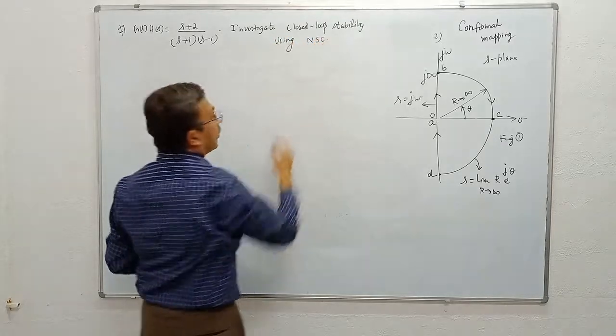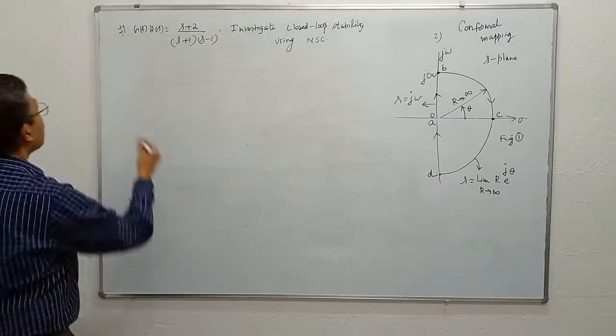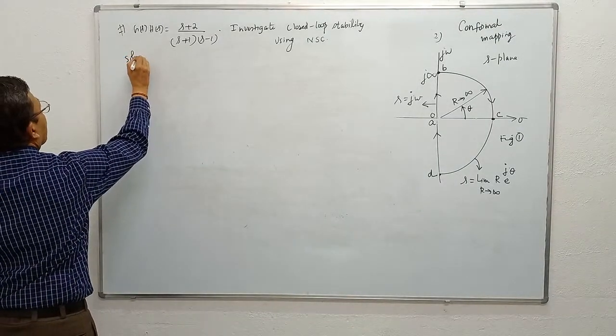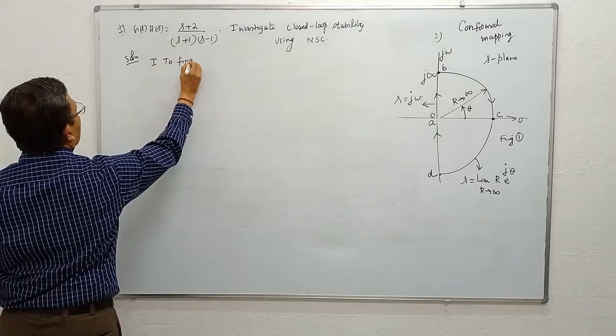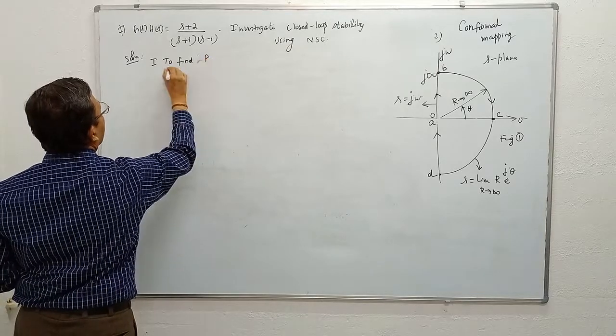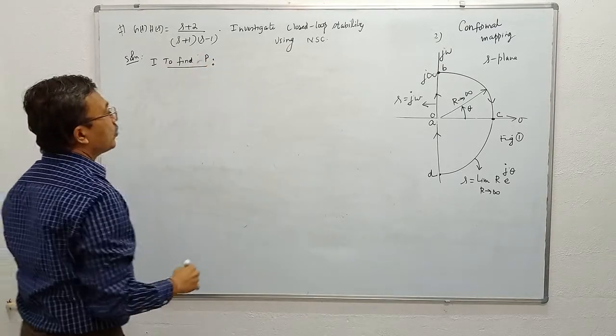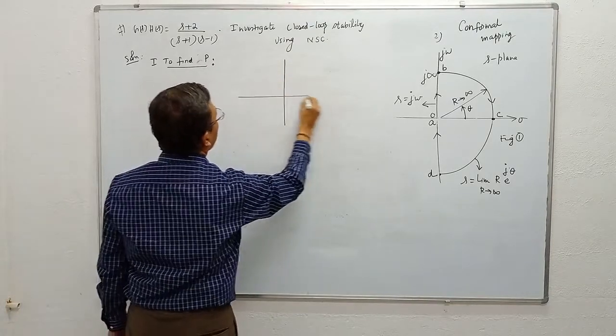Step 1 is to find P. Plot the poles of G of S, H of S on the S plane.